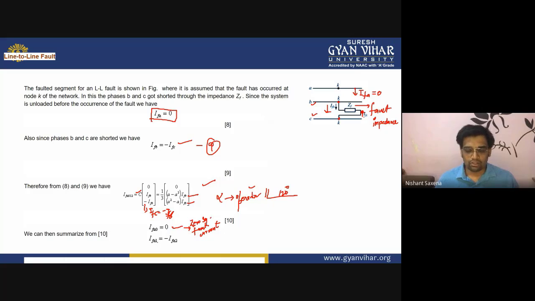The positive sequence fault current and the negative sequence fault current are equal in magnitude, but they have opposite phases. That is, IFA1 is equal to minus IFA2. So these are basically the positive and negative sequence fault currents.